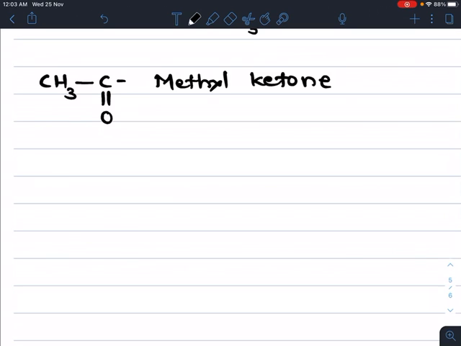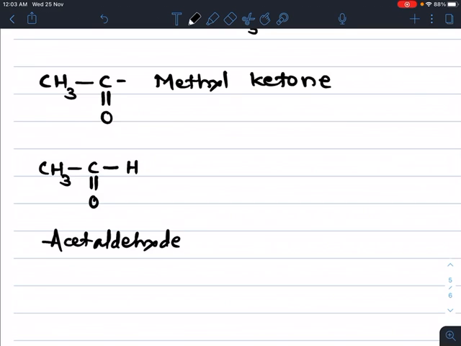So how does the reaction take place? Let's see. Take the example of a methyl ketone group containing aldehyde, acetaldehyde. Only one aldehyde contains the CH3CO group, like acetaldehyde.